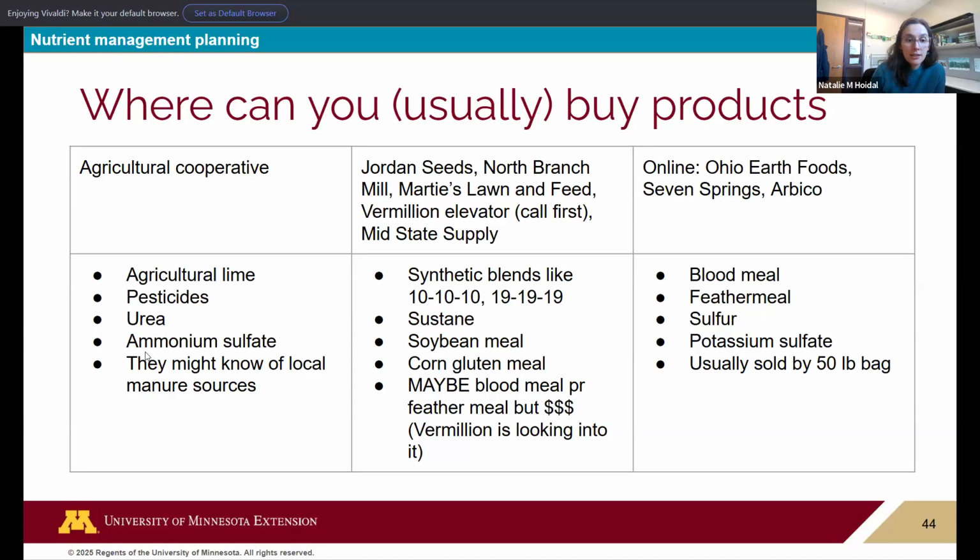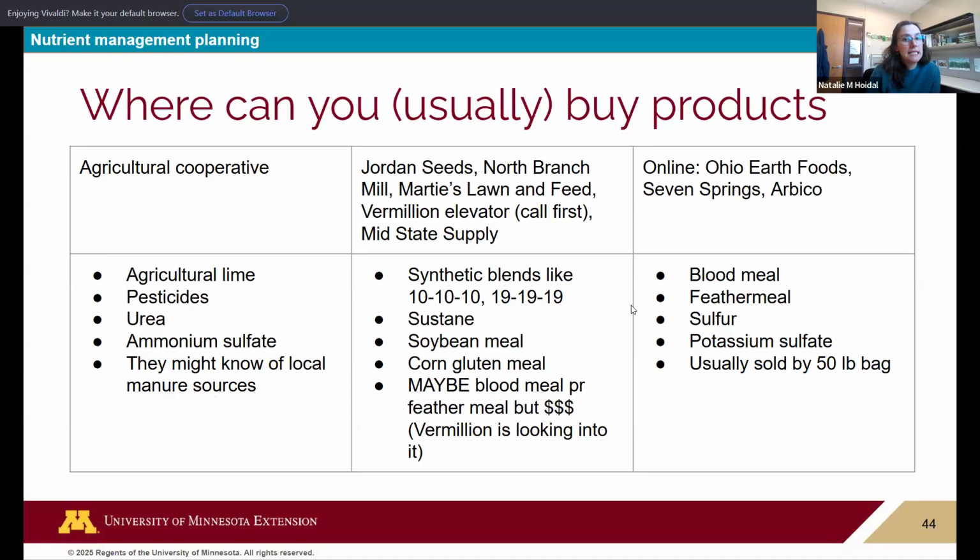You can buy pesticides, you can buy your more concentrated synthetic nitrogens like urea or ammonia. They can also just be places to call if you're looking for local connections. They're well connected to the ag communities, and so they can be a resource.